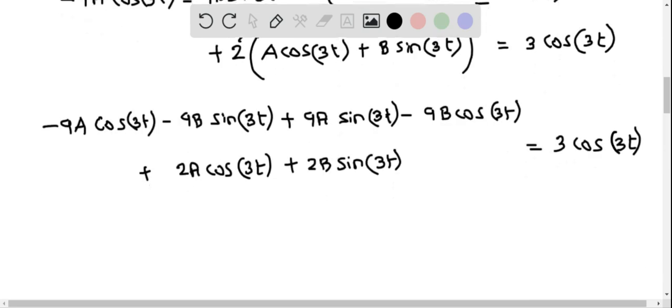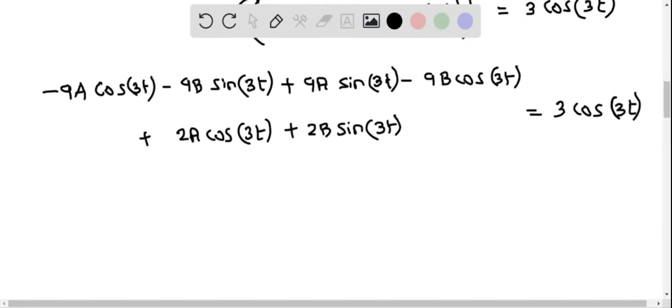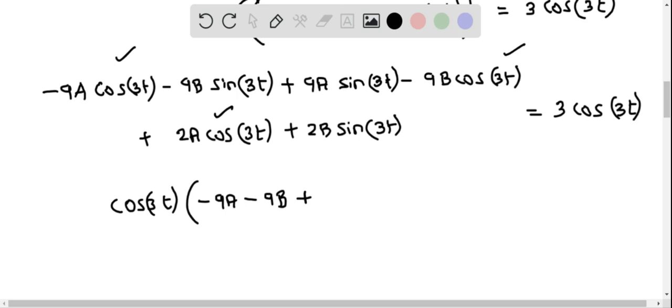Now I'm going to factorize the cosine of 3t as well as the sine of 3t. Let me factor the cosine of 3t. So we have negative 9a, this is one cosine of 3t, and negative 9b, this is another cosine of 3t, and we have one more, positive 2a cosine of 3t.